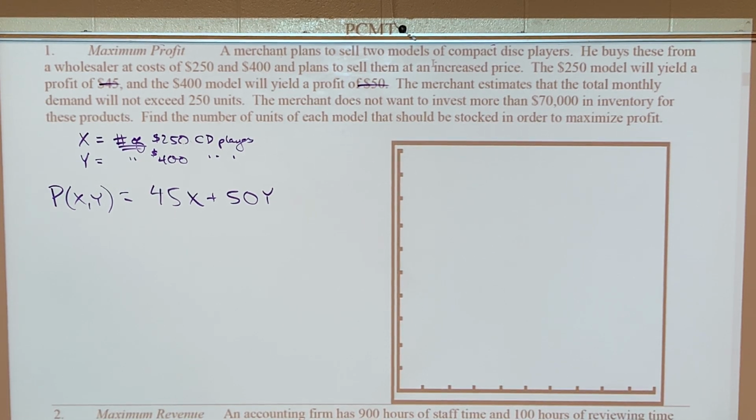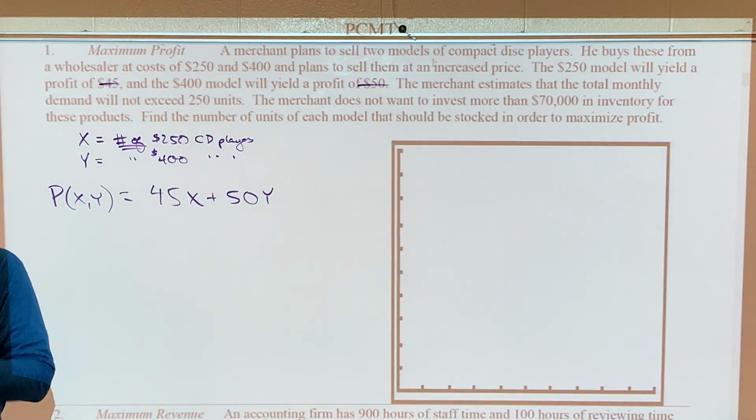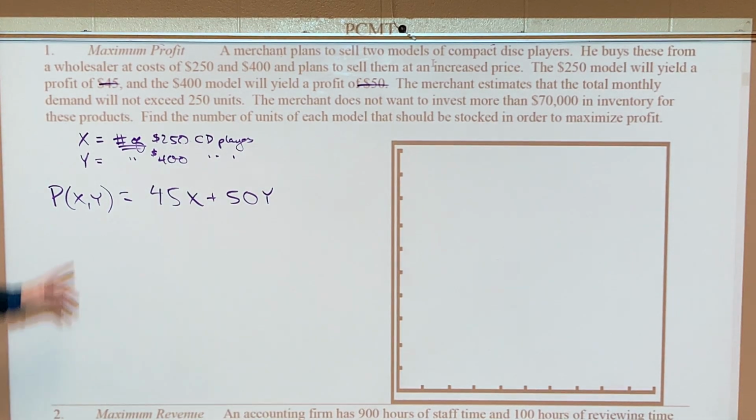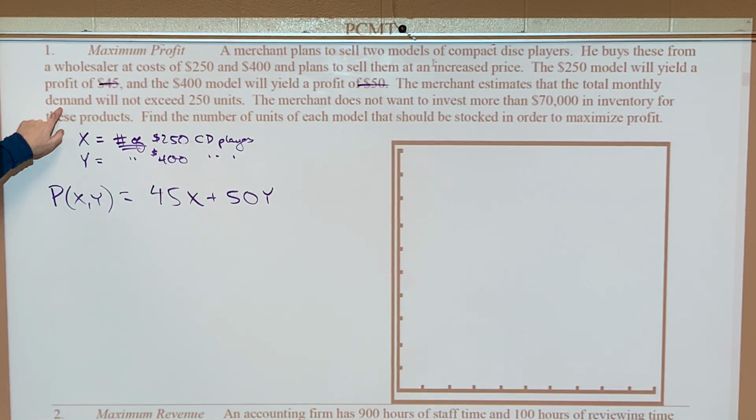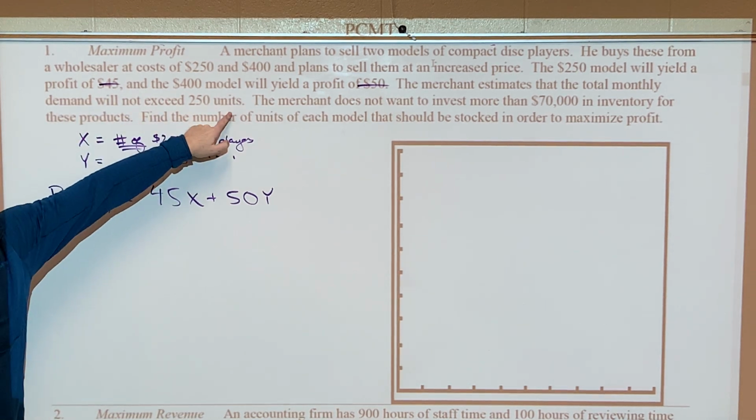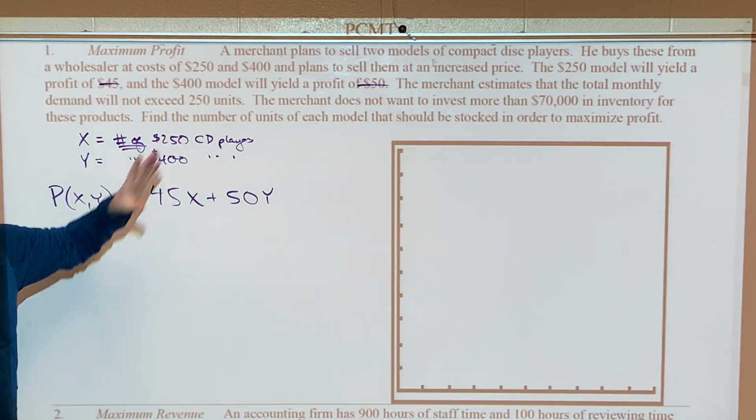What does the guideline say when you forget stuff? Look for what? Yeah, look for situations that suggest greater than or less than. So as I'm looking through here, the merchant estimates that the total monthly demand will not exceed 250. What does that mean? Can't go over, but what does that mean mathematically?